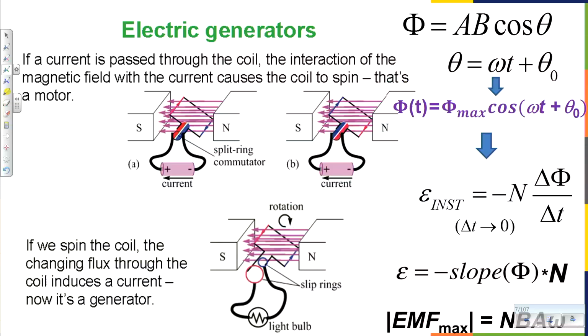And this is an equation which has been studied before extensively in the topic which had a name, simple harmonic motion or oscillations. So everything we've learned about simple harmonic motion now can be directly applied to generators, including this equation at the bottom.